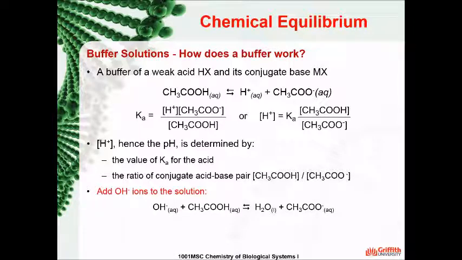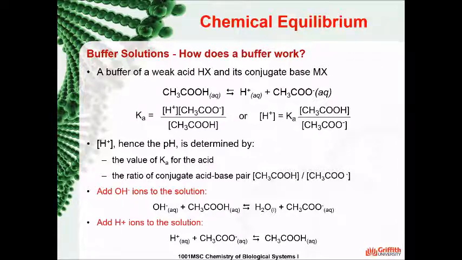OH- plus acetic acid in equilibrium with water plus acetate ions. Likewise, when we add protons to the buffer solution, the buffer will absorb these ions to keep the pH stable. H+ plus acetate ions in equilibrium with acetic acid.